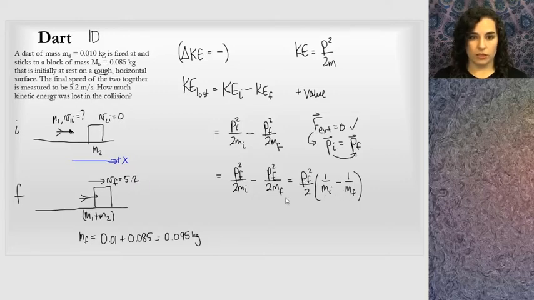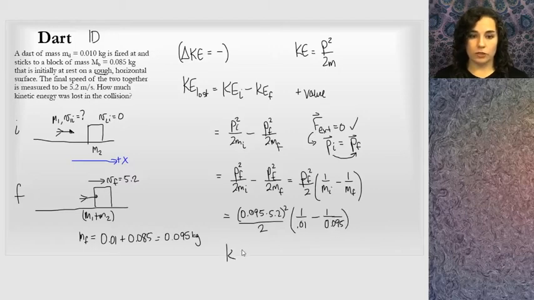So we have masses and the final momentum. Let's plug this stuff in. 0.095 times 5.2 quantity squared, that's P final, which is P initial, over 2 times 1 over 0.01, the initial mass, minus 1 over the final mass, m1 plus m2, which is 0.095.